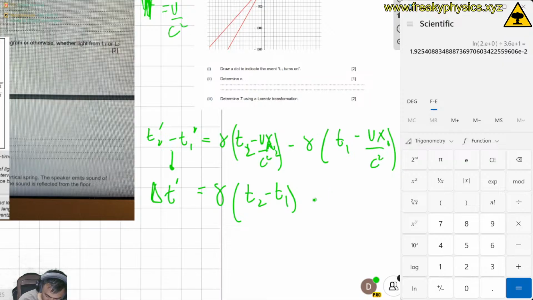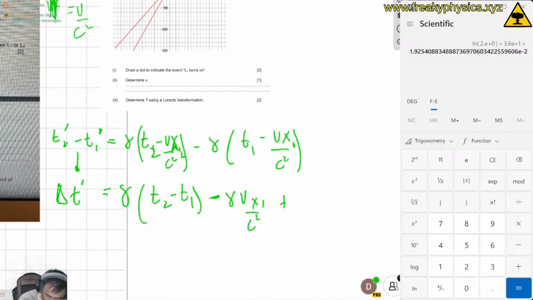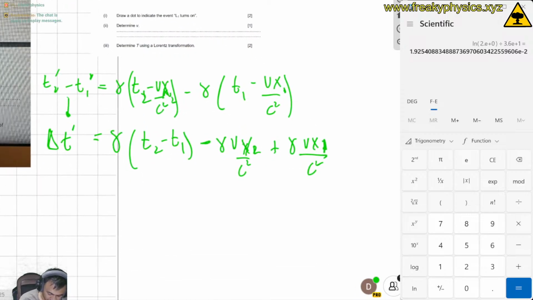Then we also do this part: minus gamma vx1 over c squared, then minus minus, so that's going to be a plus gamma vx2 over c squared. Now we can actually rewrite this. I'm just gonna show you the proof first before we solve. This part is just delta t specifically, so that's gonna be gamma delta t.